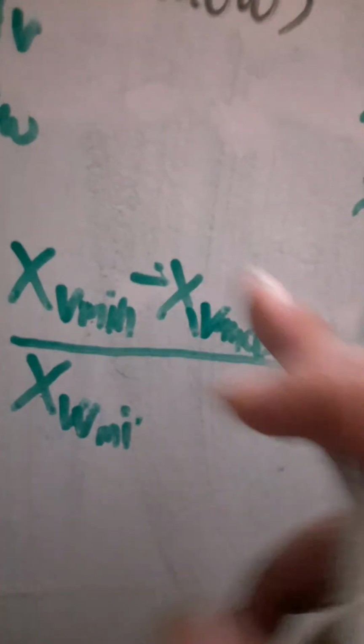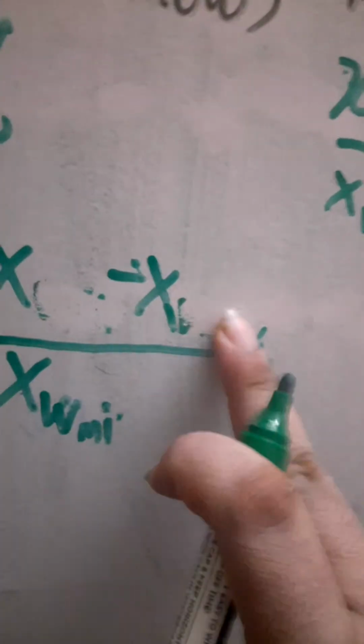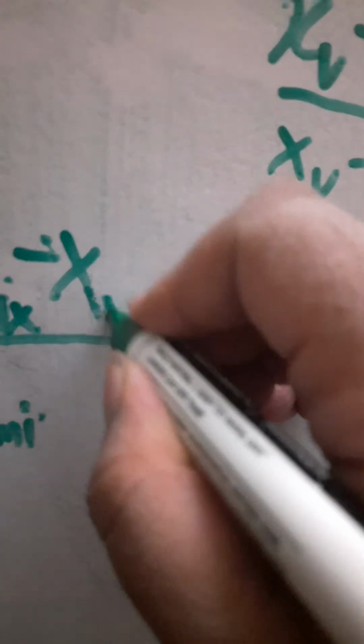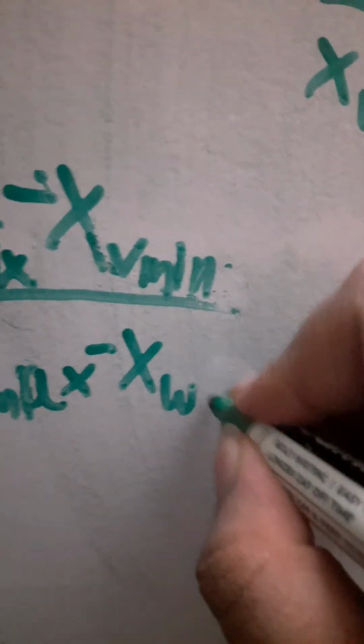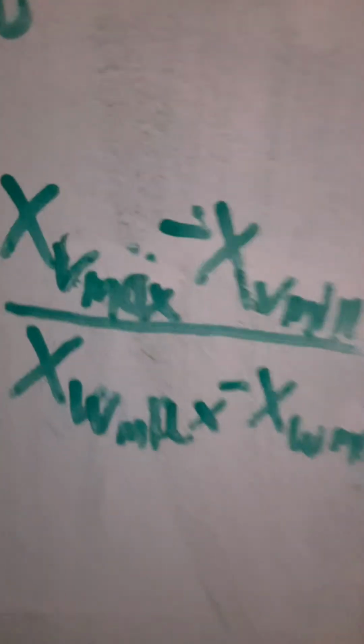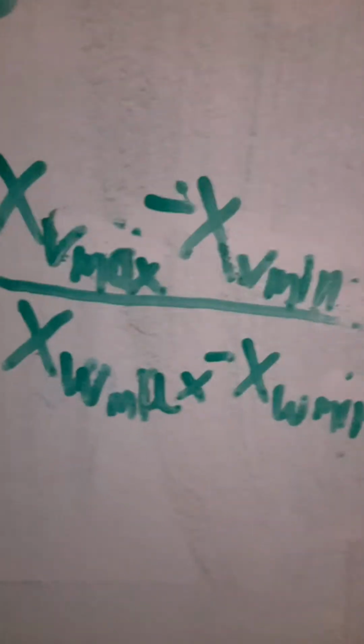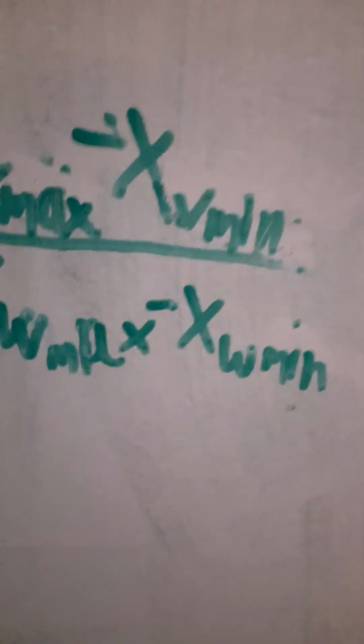Oh, wait a second, xv max, what am I doing? Yes, x max comes this side, right? So what we do is xv max minus xv min divided by xw max minus xw min.